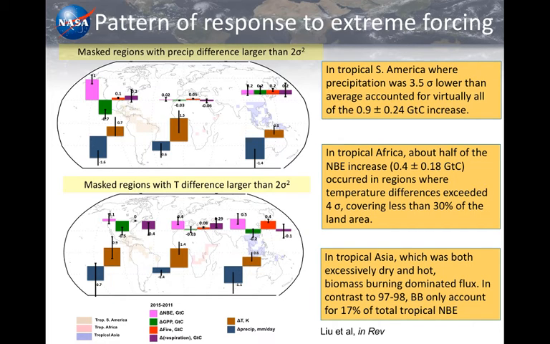On the other hand, for Africa, just across this strip, that strip accounted for about half of the NBE increase, while only representing 30% of the area.